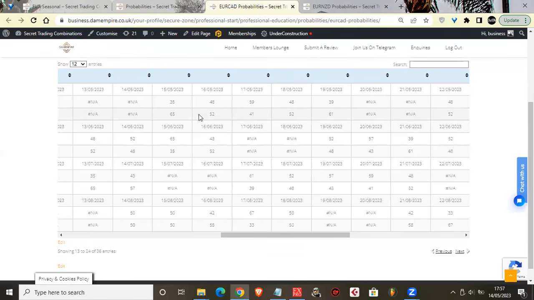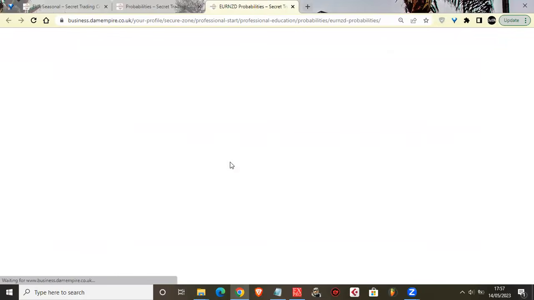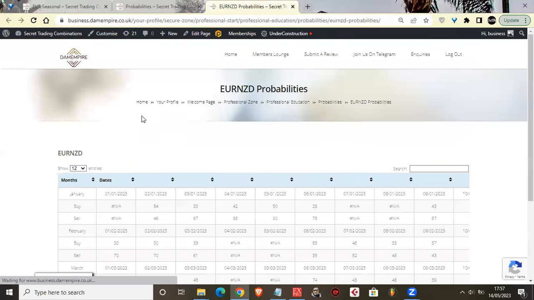Euro CAD doesn't really look good neither, because you have sell, buy, sell. I mean, yeah, but if we get the three days, it's much better.